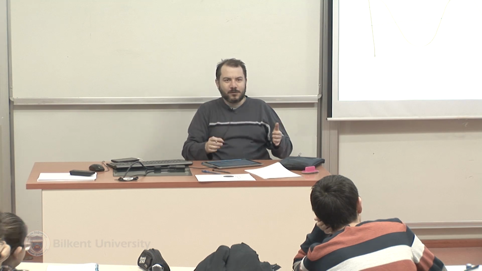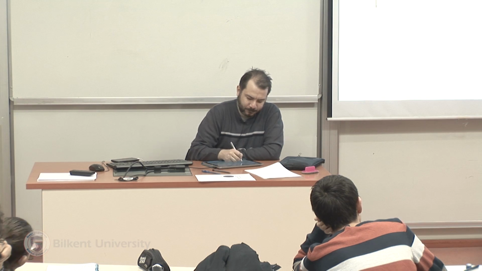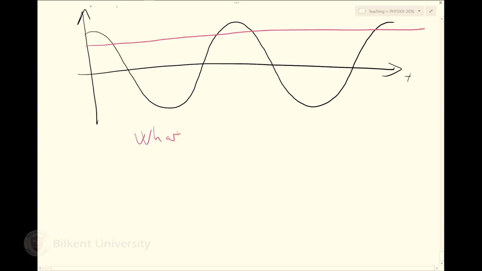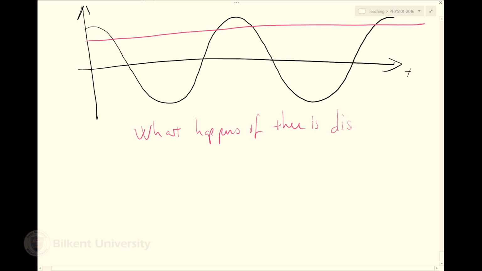So let's try to understand what happens if there is, well, let's not call it friction, let's be more general, what happens if there is dissipation of energy in the system?